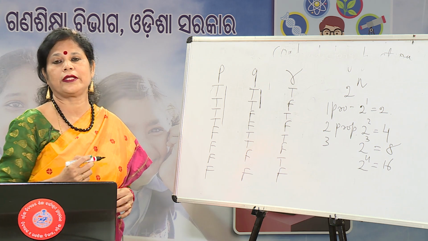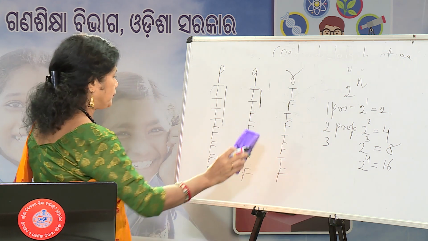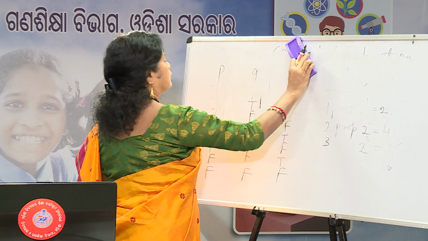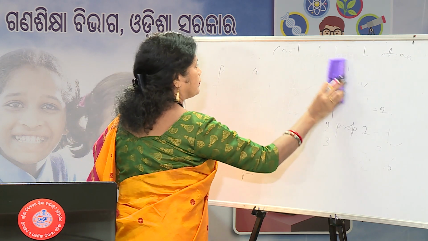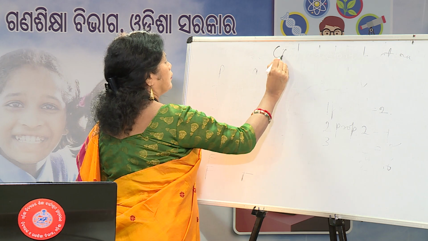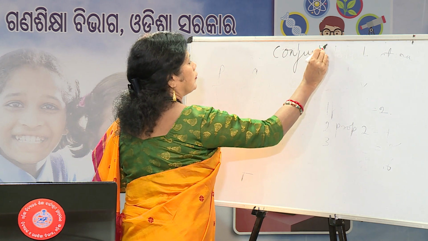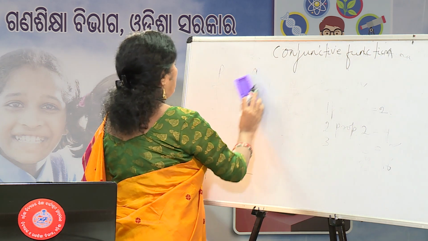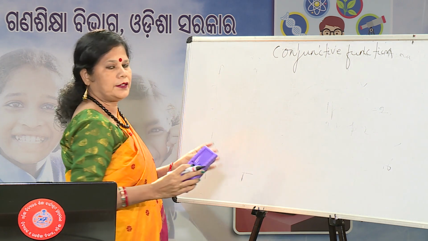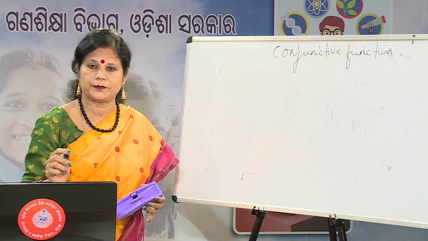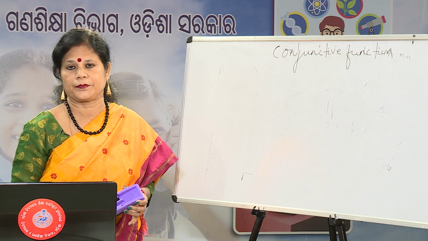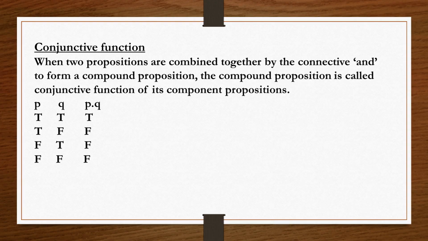Now we will discuss the conjunctive function. If two propositions are joined together by the connective 'and' to form a compound proposition, the compound proposition is called the conjunctive function of its component propositions.